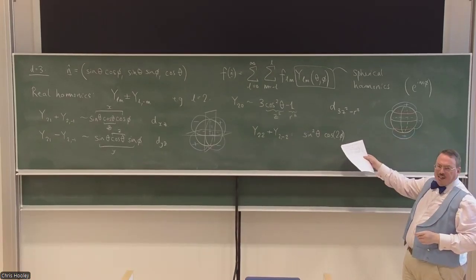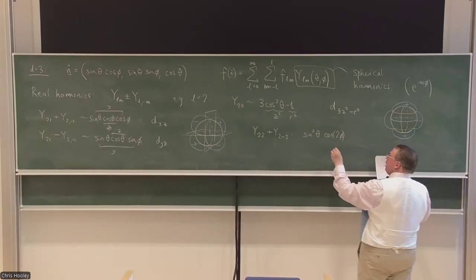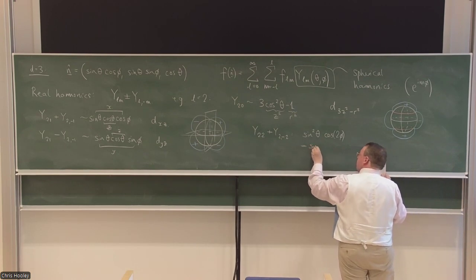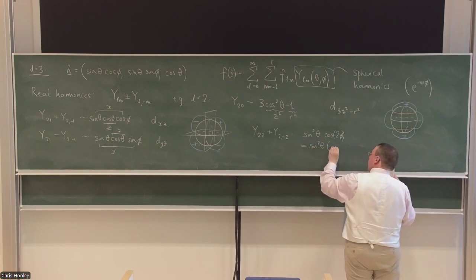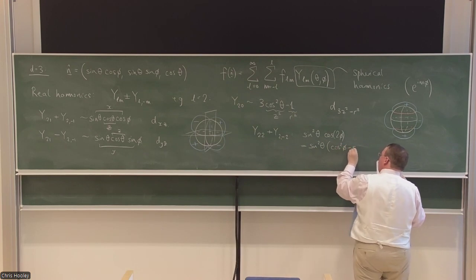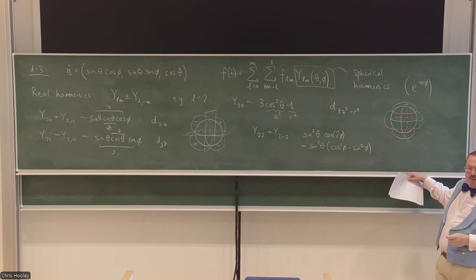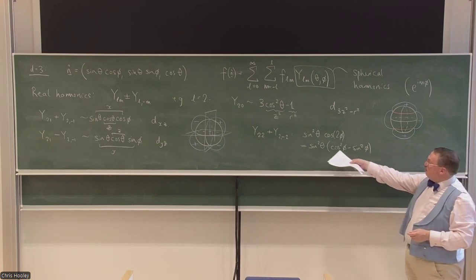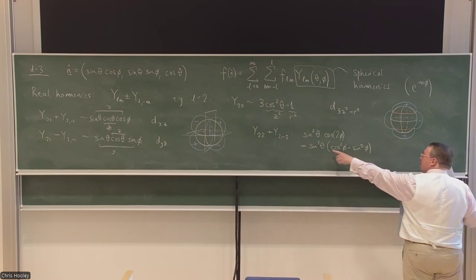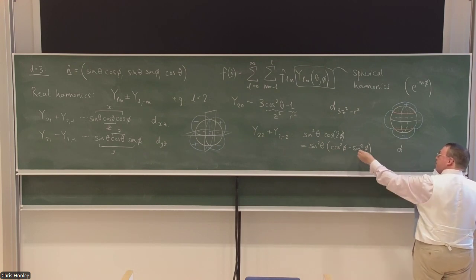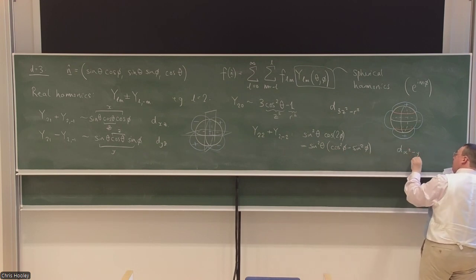That doesn't look perfectly like any of my coordinates, but I can make it do so by noting that cos of 2 phi is cos squared phi minus sine squared phi. And now this first bit looks like x squared. This bit looks like y squared.